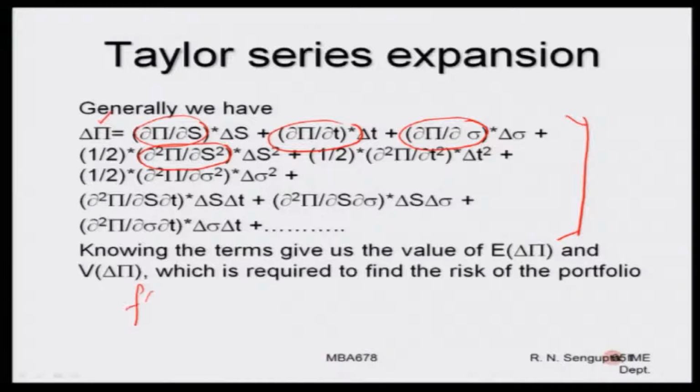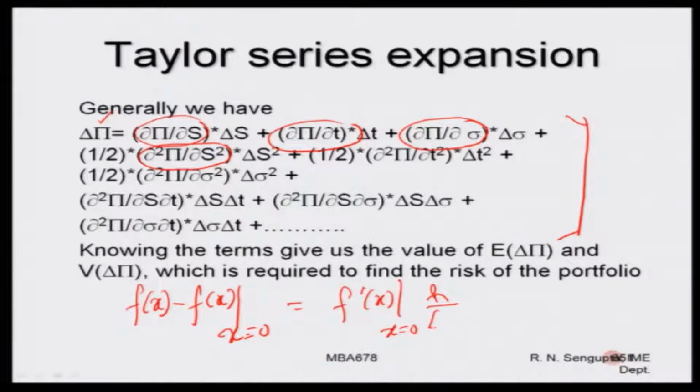So, if f(x) was the function and I want to find its change around x naught, this would be given by the derivative of this function at x naught times h by factorial 1, where h is given by x minus x naught.